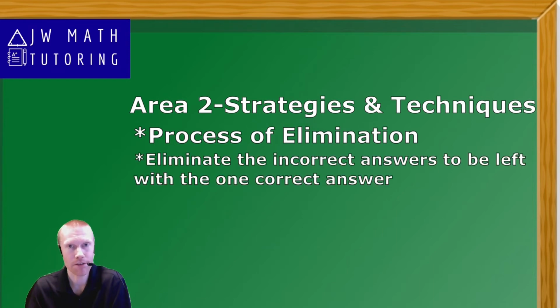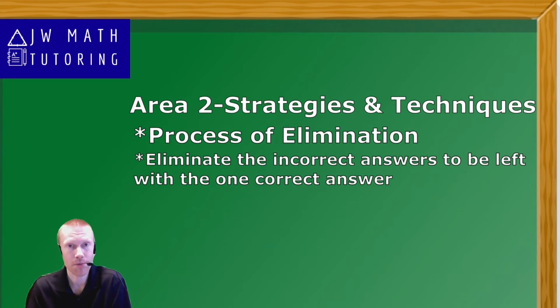And then by process of elimination, I'll be left with the correct answer. This is very useful on the math section, but it's also very useful on the science section of the ACT as well. It's a different way of thinking about approaching a problem.